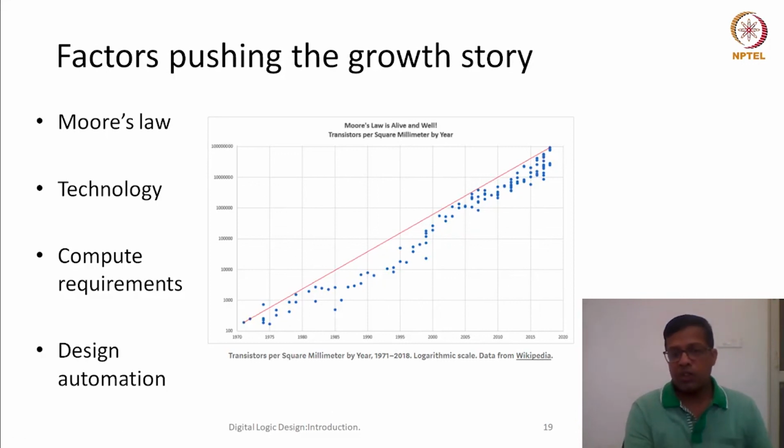If we see our first integrated circuit in 1970, till 1920, all of these blue dots represent some of the production ASICs. So the number of transistors is doubling every 18 months, and this doubling is happening because of technology, because of compute requirements, because of marketing requirements.